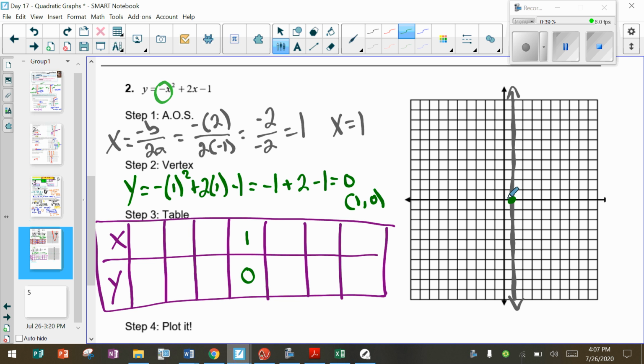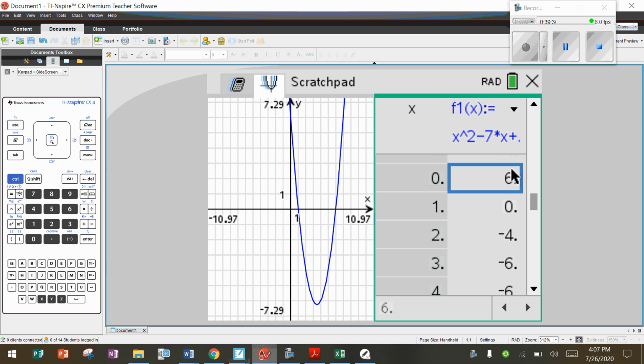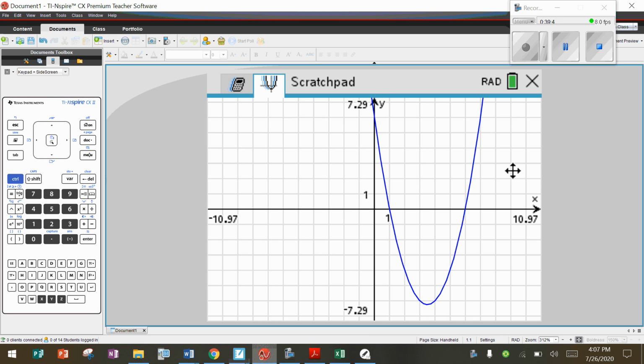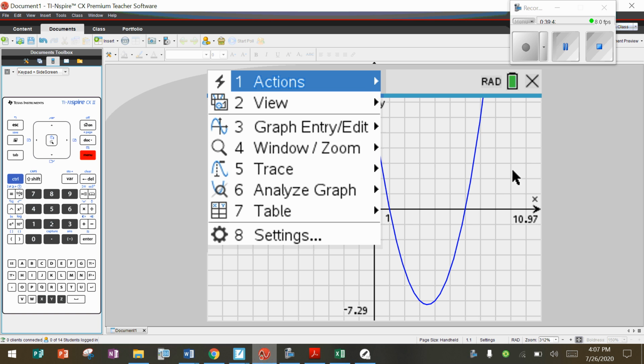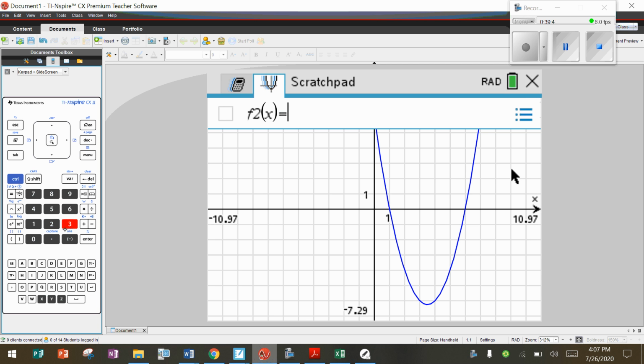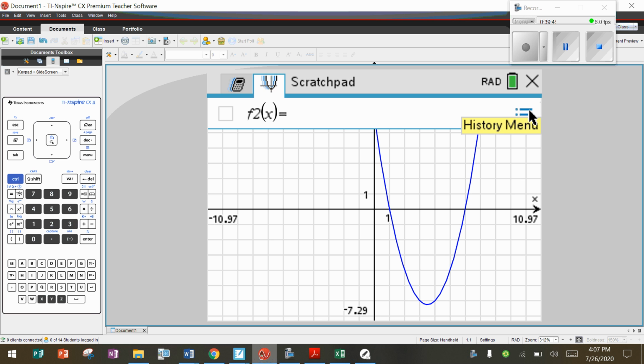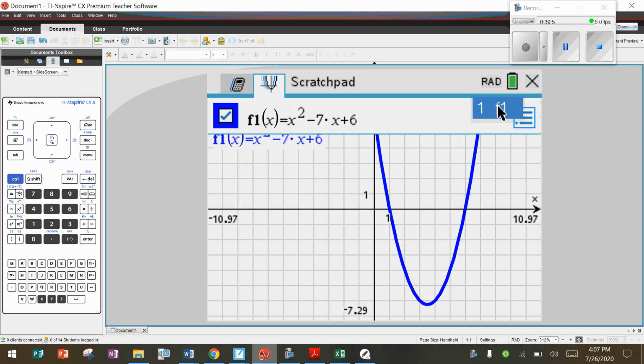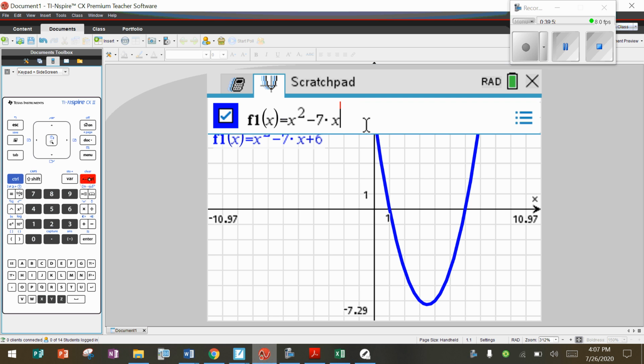Negative x squared plus 2x minus 1. Control T turns off the table. Menu. View number 2. Show entry line number 3. And history menu. I'm going to go to F1.